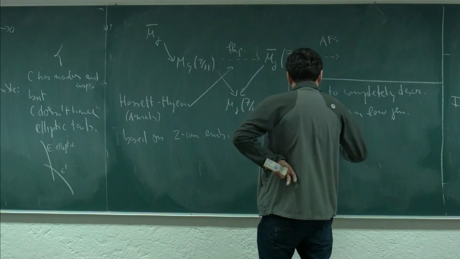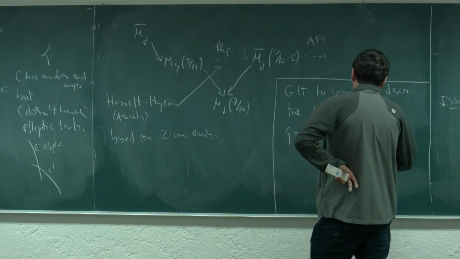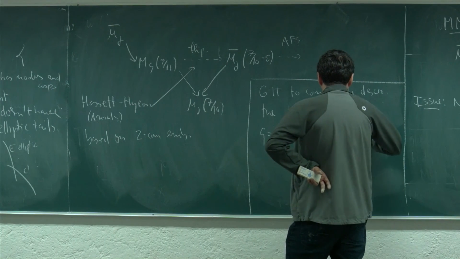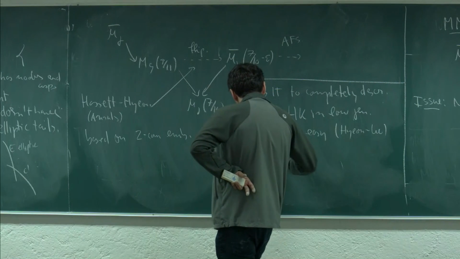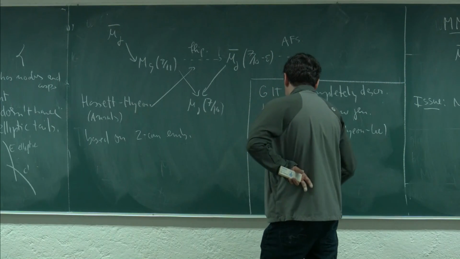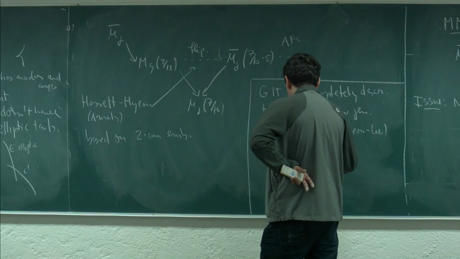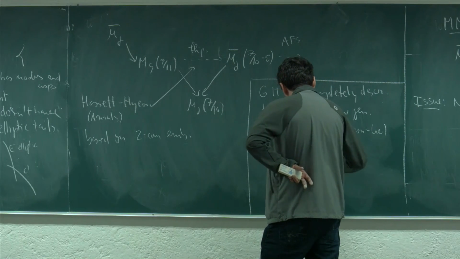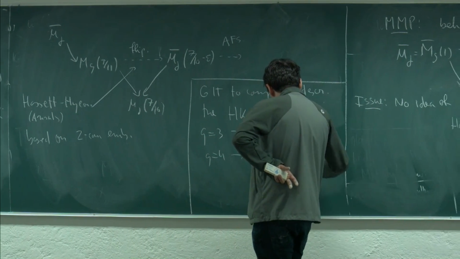Genus 3 is easy, and okay, this is Hyeon and Lee probably. In genus 4, this is quite interesting. And in particular here, one considers GIT for canonical genus 4 curves.